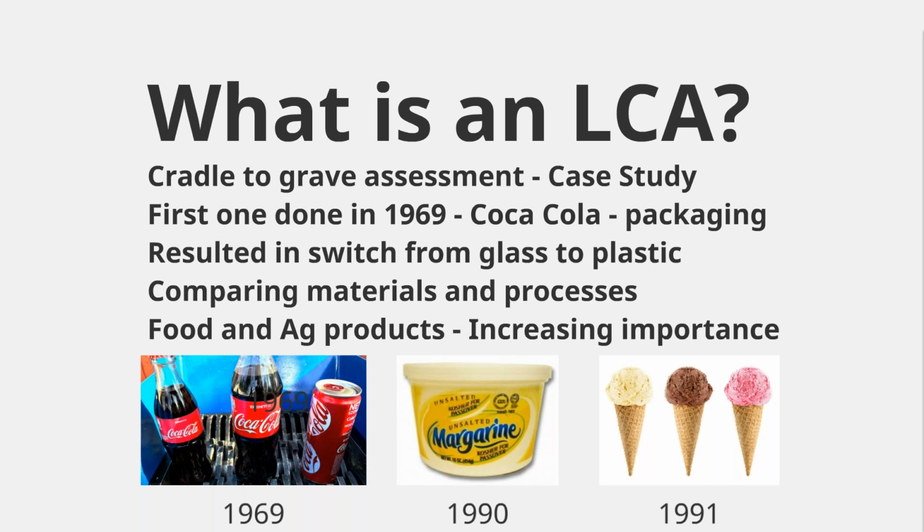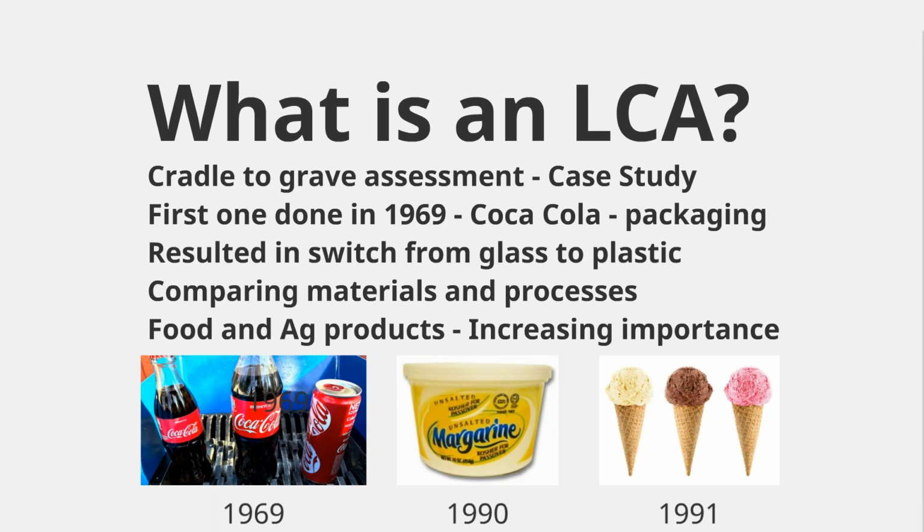This initial LCA resulted in Coca-Cola switching their packaging from glass to plastic because of the less deleterious or detrimental effects, impact, footprint, etc. that it has on the environment. And basically, these LCAs allow you to compare materials and processes and the relative energy and the resulting impact, pollution in those 4 categories on the environment.